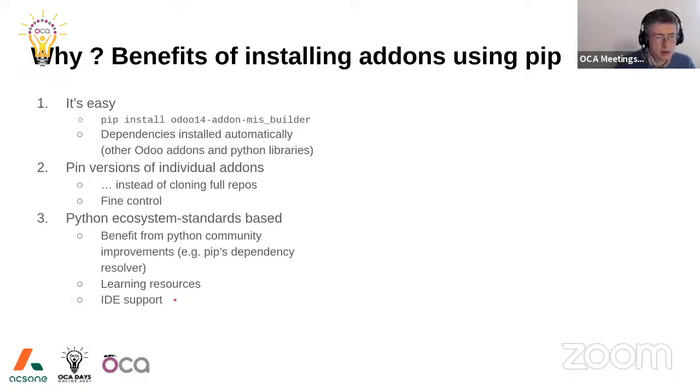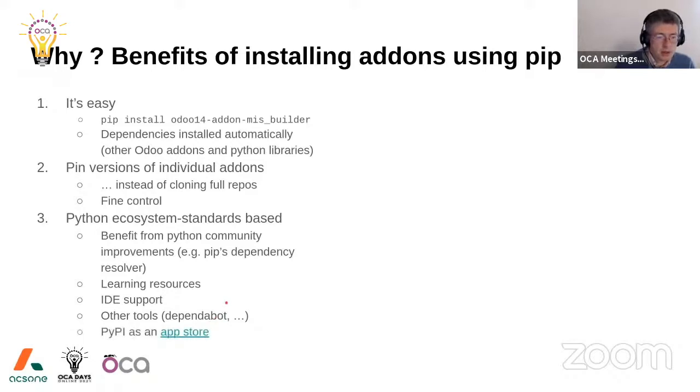You get automatic support by your development environment. And we can imagine that we will benefit from other tools, like if we start publishing security vulnerabilities about OCA add-ons, for instance, you could use tools like Dependabot to be automatically warned about dependency security vulnerabilities in your project.